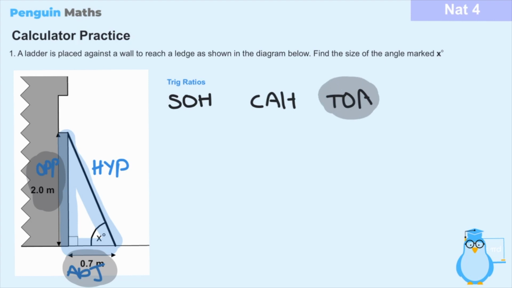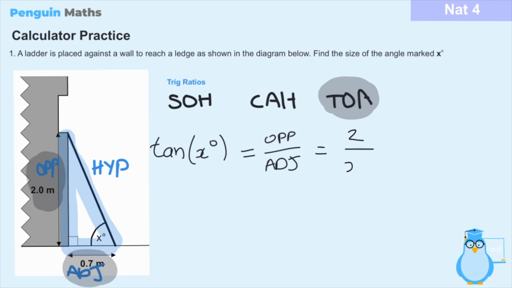If we write this out, that's going to be the tan of the angle, so the tan of x degrees is equal to the opposite over the adjacent. And if we put in the values, the opposite is 2 metres, the adjacent is 0.7 metres, and if we put that in our calculator, that roughly gives us an answer of 2.86.